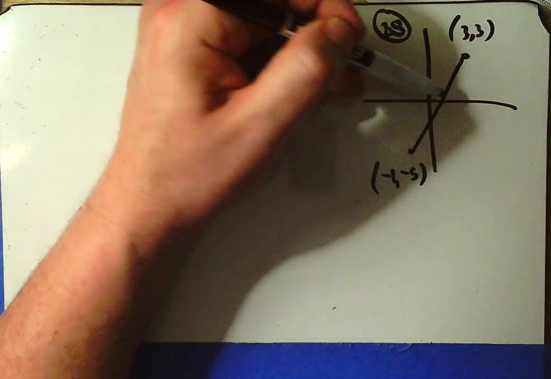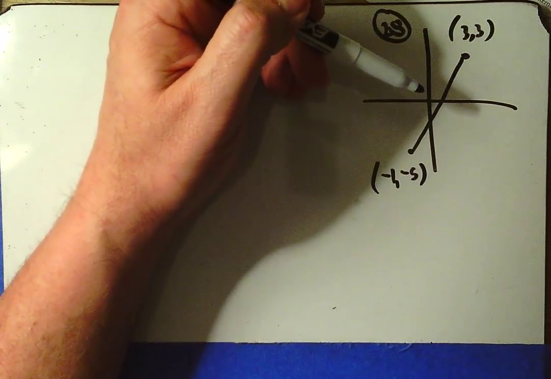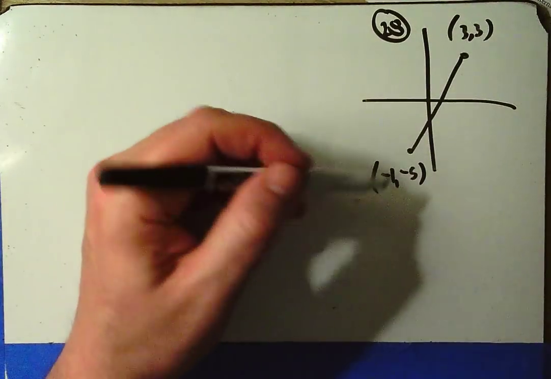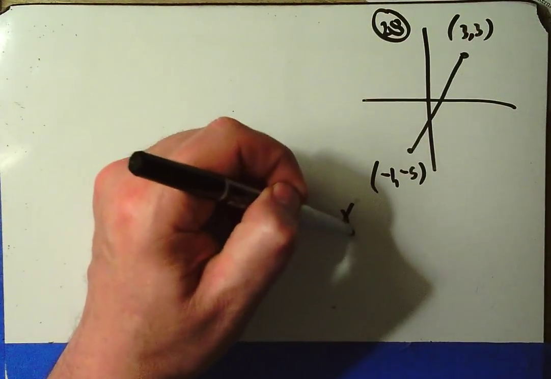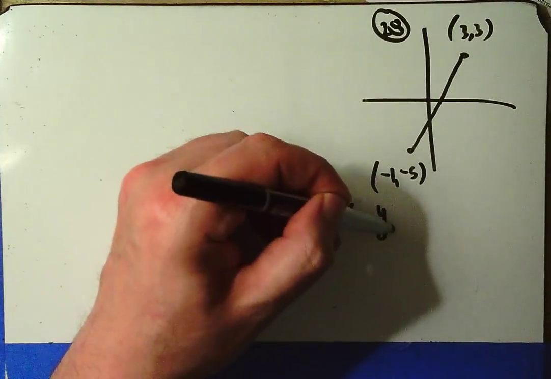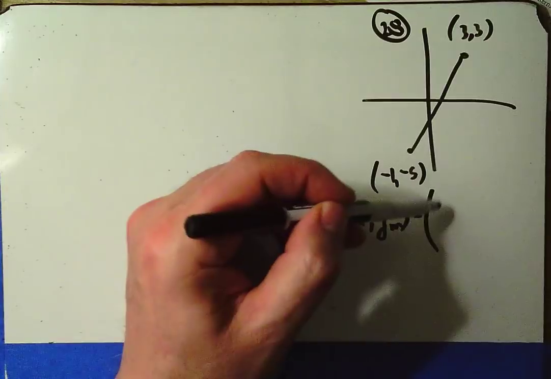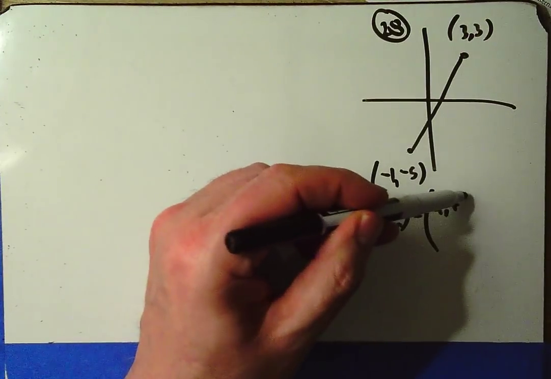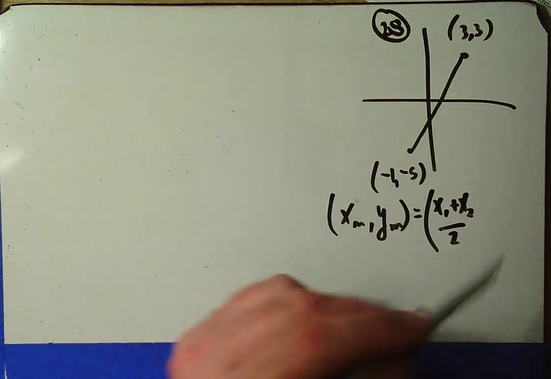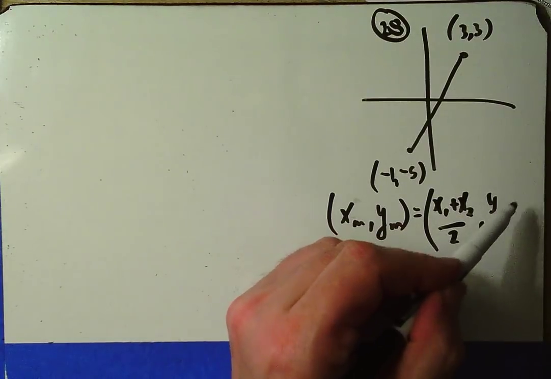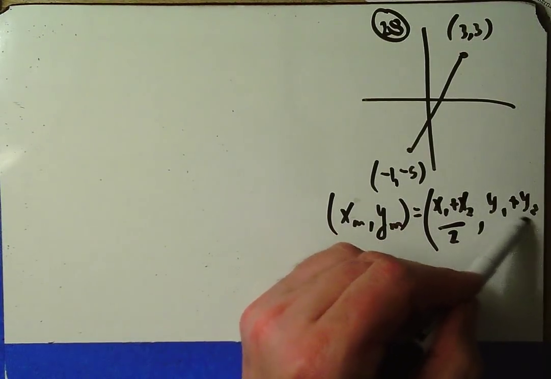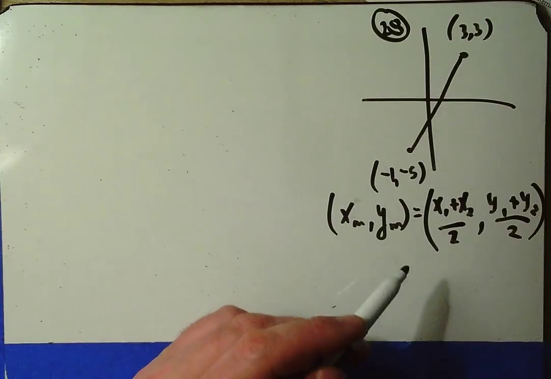Well, if we're looking for halfway in between, we need the midpoint formula. So remember the midpoint formula. The x and y coordinates of the midpoint are found by taking the x values and averaging them, and taking the y values and averaging them.